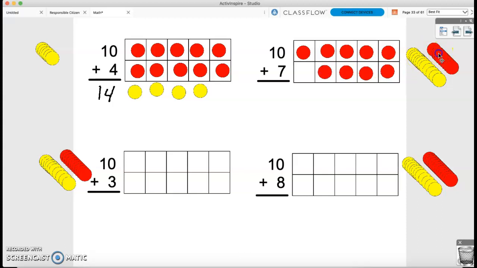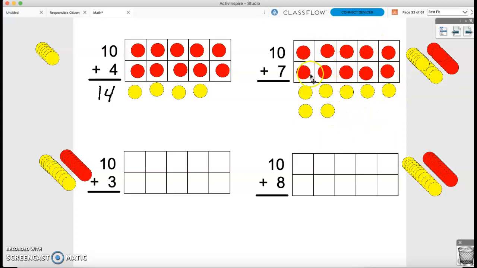So now we have 10 in the 10 frame, so we need 7 more. 1, 2, 3, 4, 5, 6, 7.